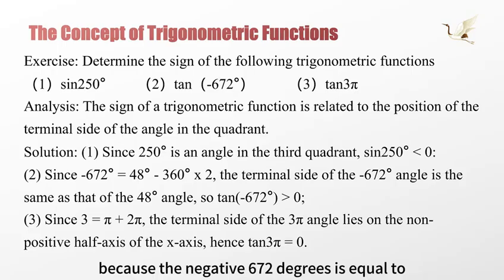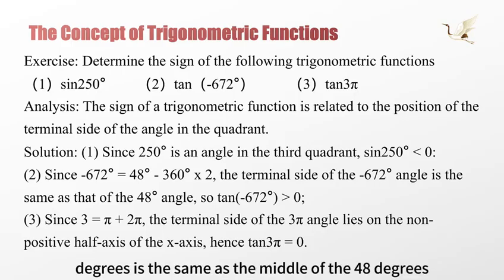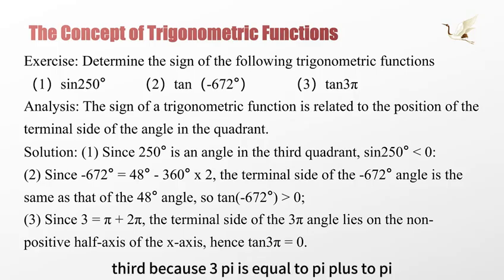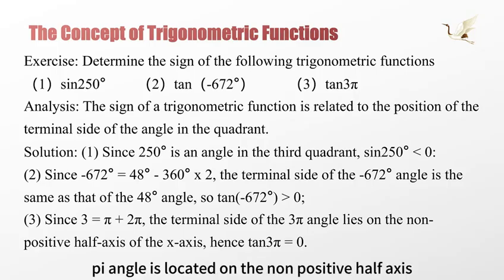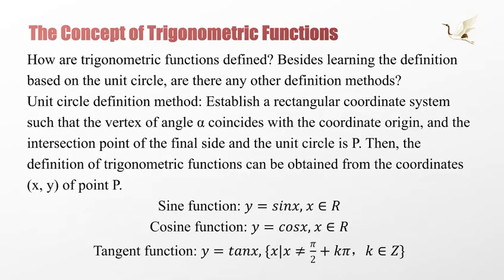Because negative 672 degrees is equal to 48 degrees minus 360 degrees multiplied by 2, the terminal side of negative 672 degrees is the same as that of 48 degrees, so tangent of negative 672 degrees is greater than 0. Third, because 3 pi is equal to pi plus 2 pi, the terminal side of the 3 pi angle is located on the non-positive half-axis of the x-axis. So tangent 3 pi is equal to 0.